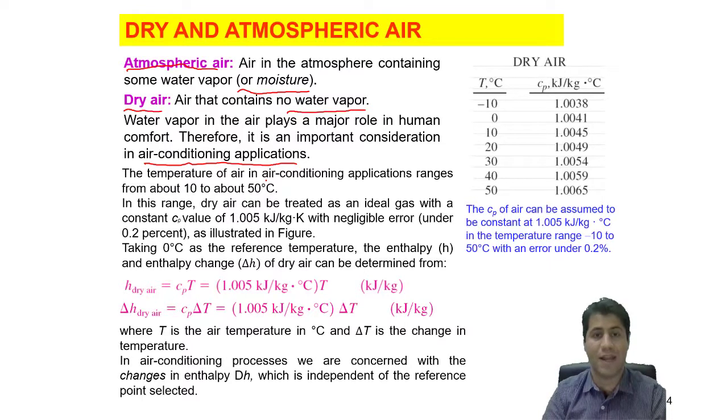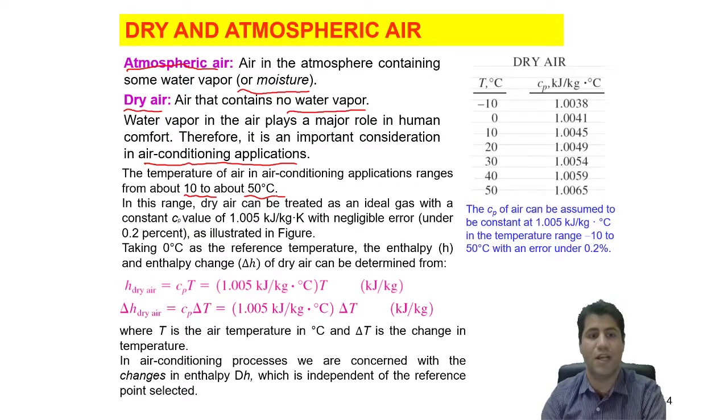Then we cannot assume that air is an ideal gas and continue our calculation simply like what we had before. But fortunately, we have a range of temperature which is common for air conditioning systems. You know that the temperature of an air conditioning application ranges from 10 to 50 degrees Celsius.